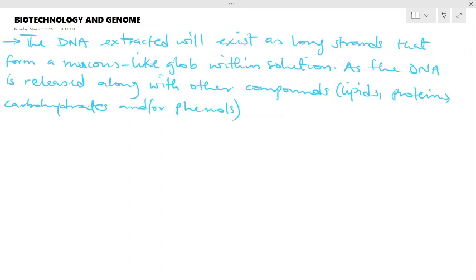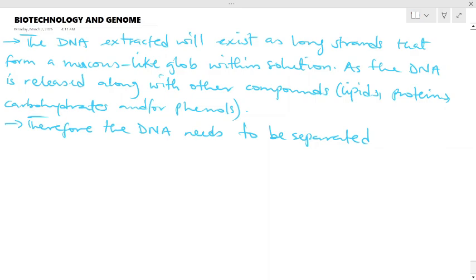All these are disturbing the DNA, therefore it needs to be separated from the others.